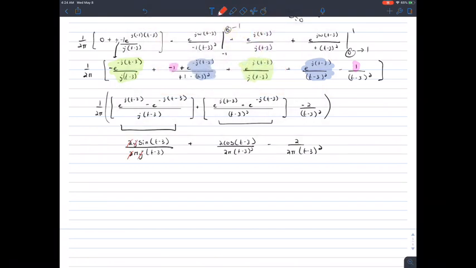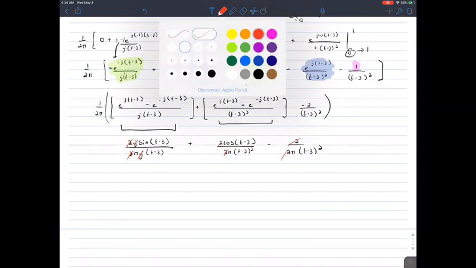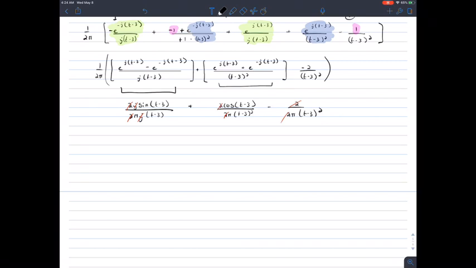Alright, let's go through and cancel. Cancel, cancel, cancel, cancel, cancel. Alright, so your final answer should be sine(t minus 3) times (t minus 3) plus cosine(t minus 3) over (t minus 3) squared, minus 1 over (t minus 3) squared.